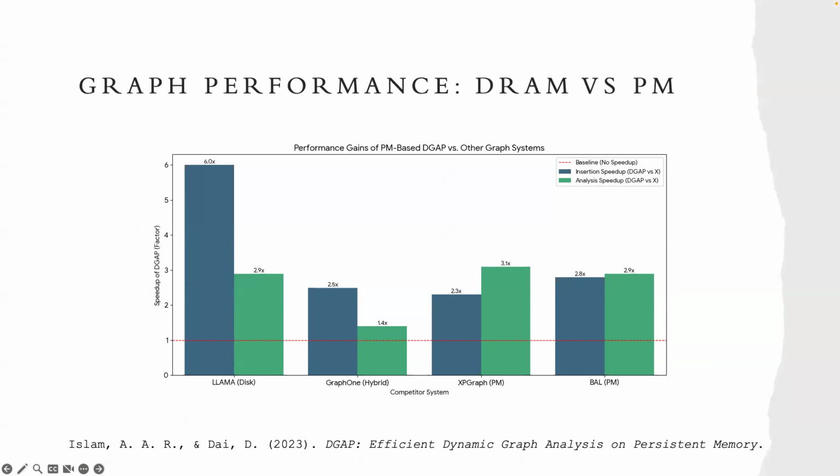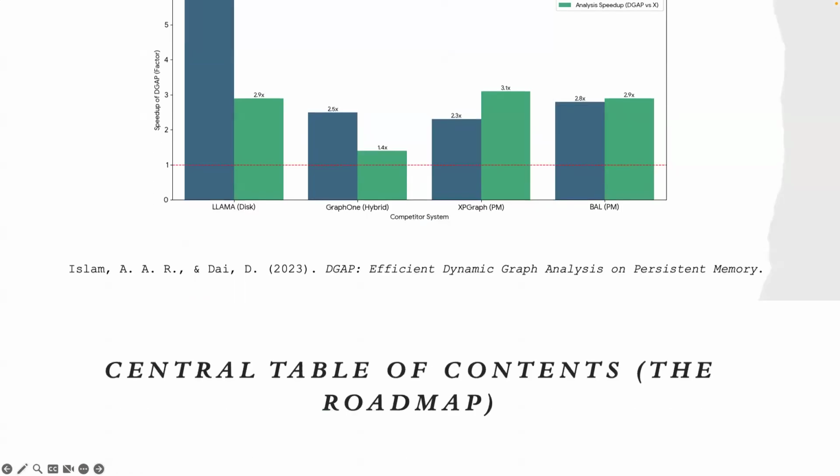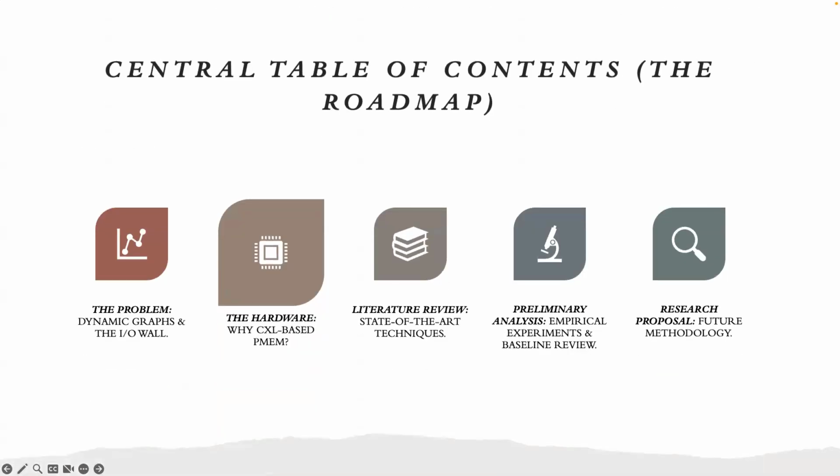So what is X? X means the other competitors. Yeah, these are frameworks which the DGAP paper used to compare its performance. Good. So these are the data we found in the papers.